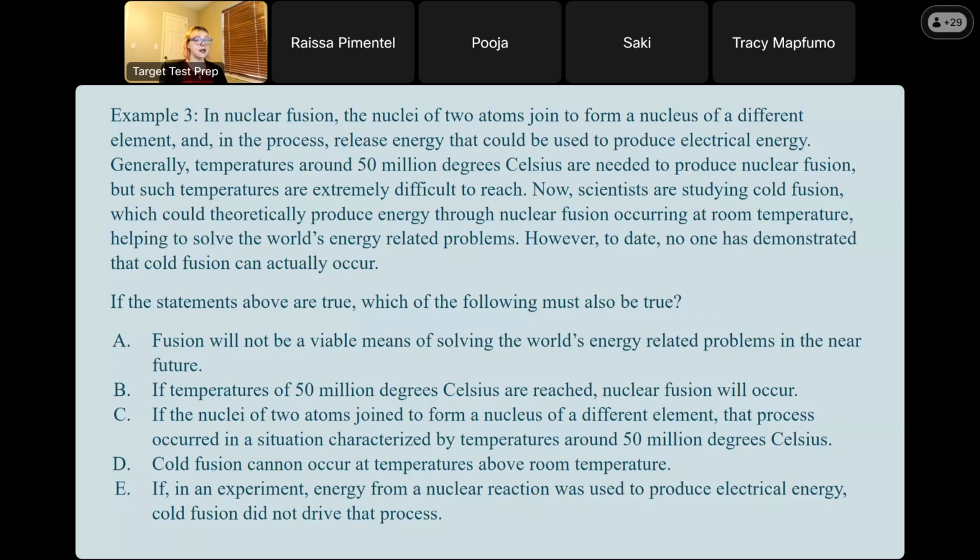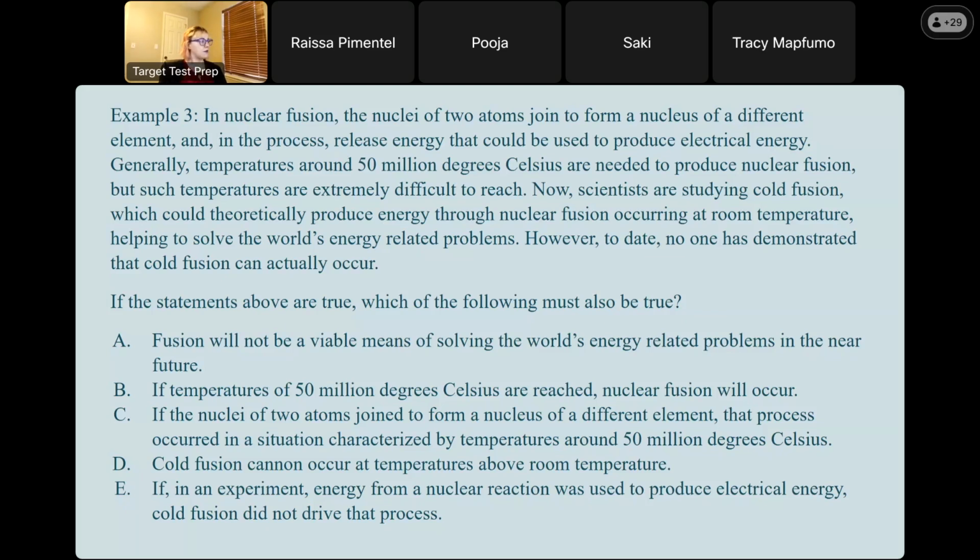But there's actually a ton of temperatures between room temperature and 50 million degrees. And there's also temperatures above 50 million degrees. So it could be the case that this happened at a temperature of 60 million degrees because it was hot enough, but it was not in fact 50 million degrees or close to that. That's why C doesn't quite work.